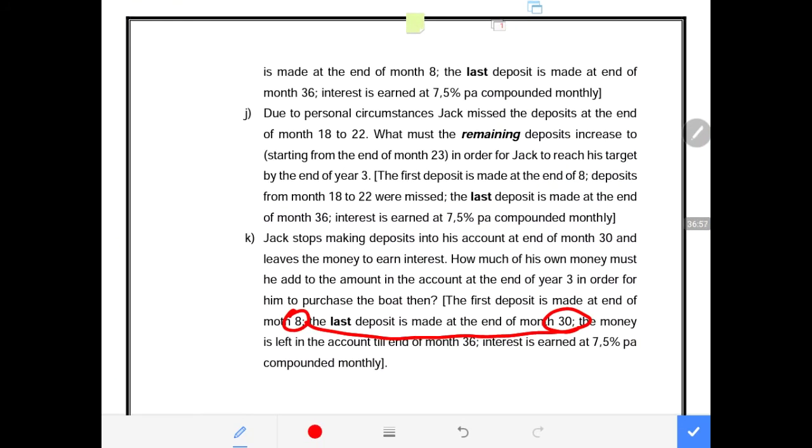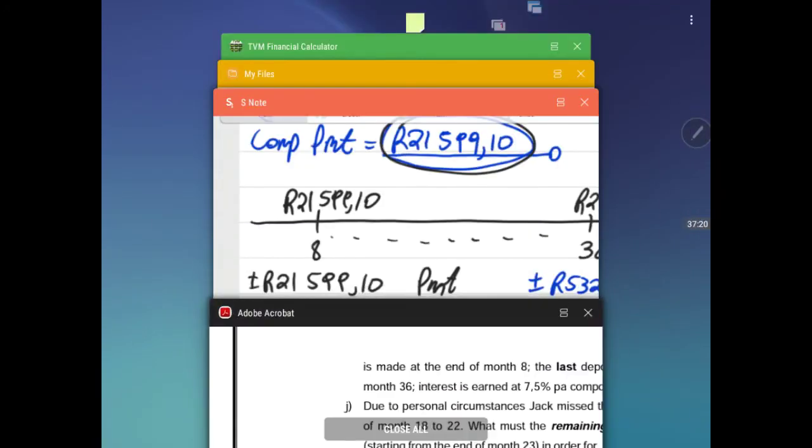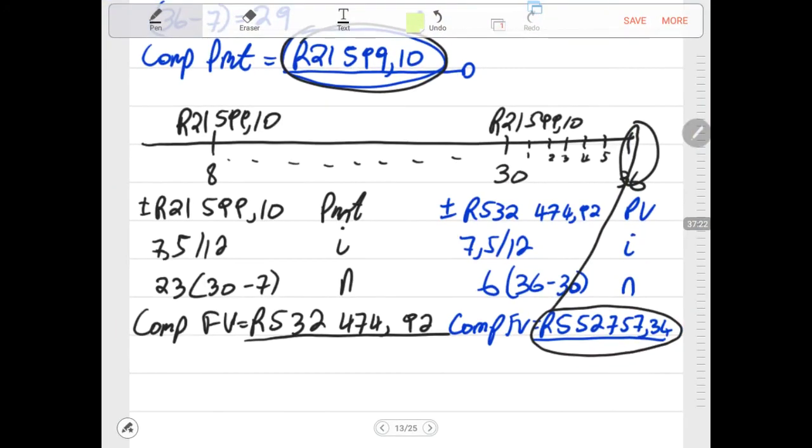They told us: how much of his own money must he add to the amount in the account at the end of year 3? So now he needs to put money into the account, not a present value starting somewhere in month 20 that then earns interest. No, how much must he add at the end of the time period?